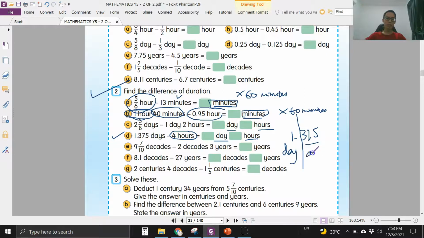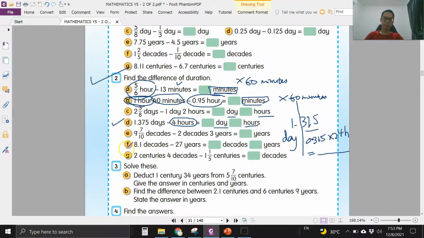The 0.375 you need to change to hours by multiplying 24 hours. Then you get your hours. Then only you minus 4 hours. Okay? So look at what the question is asking, and then you split them or convert them accordingly.